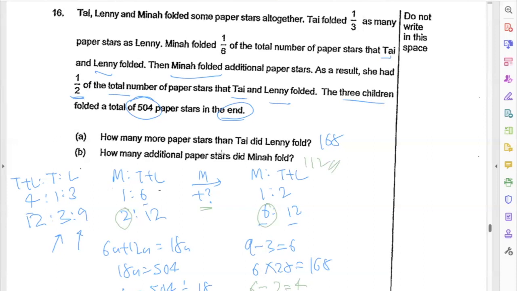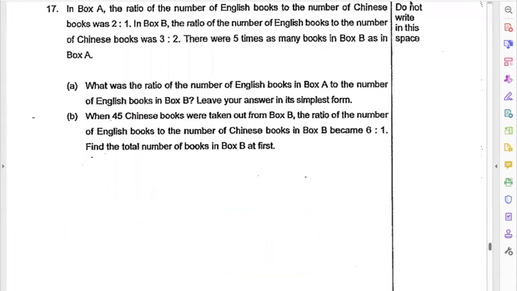Okay, now let's continue with question number 17. In box A, the ratio of the number of English books to the number of Chinese books was 2:1. In box B, the ratio of the number of English books to the number of Chinese books was 3:2.